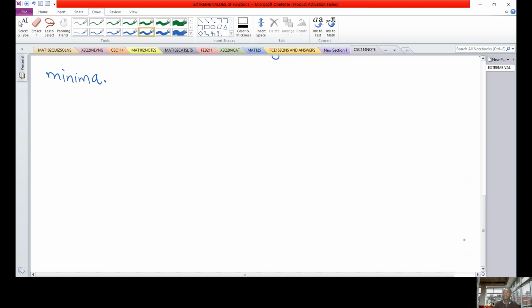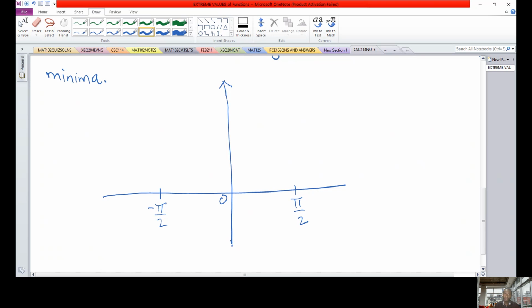So if you consider, for example, a sine function and a cosine function, with minus pi over 2, 0, then pi over 2, and negative 1, 1, this is y, this is x.